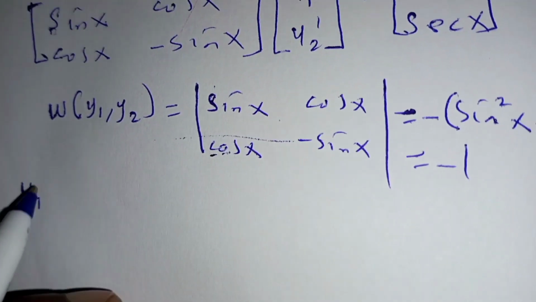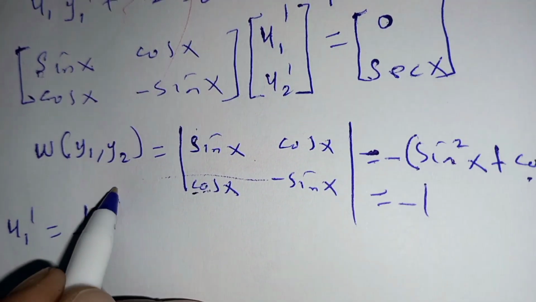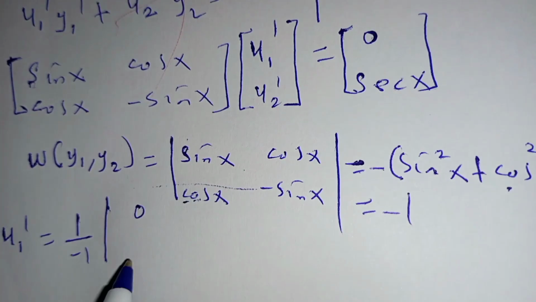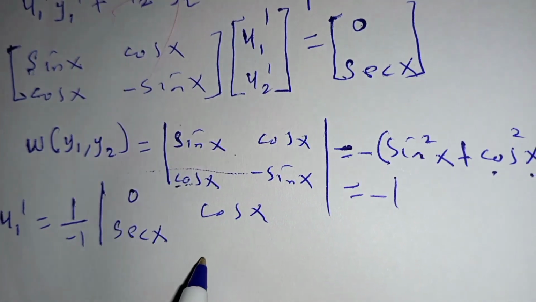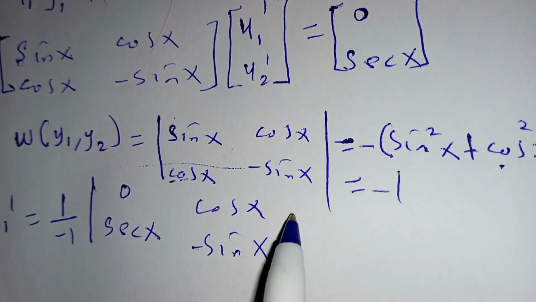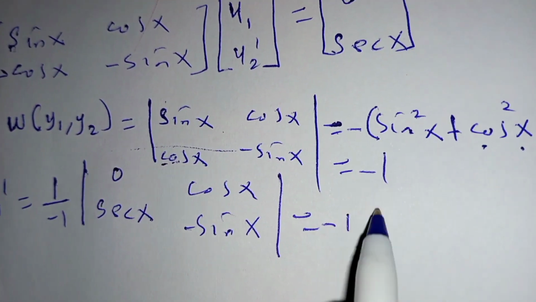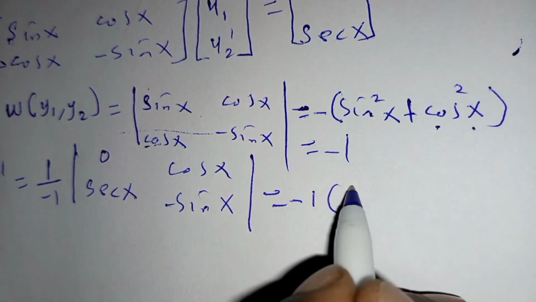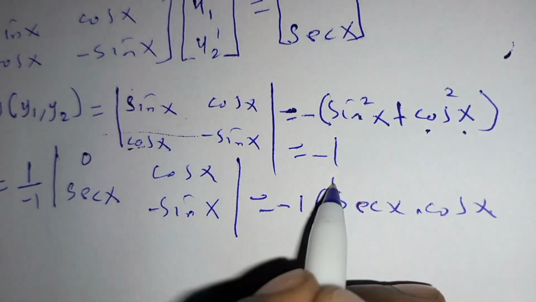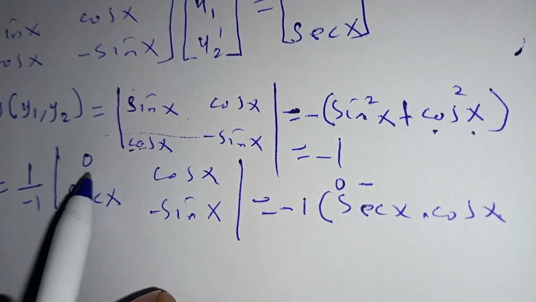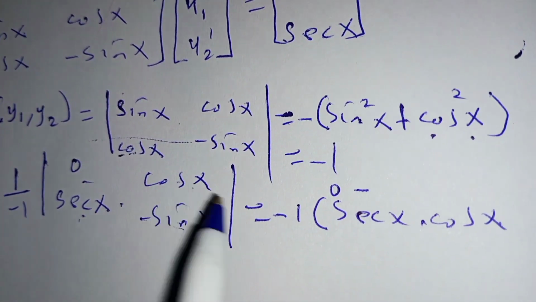Our U1 prime will be given by 1 over -1, where -1 is the Wronskian, times the determinant of 0, sec of x, cos of x, negative sine of x, which is equal to negative 1 into bracket, 0 times negative sine gives 0 minus sec of x multiplied by cos of x.